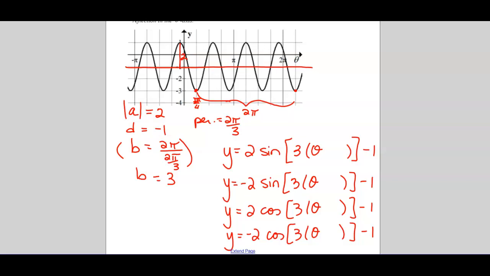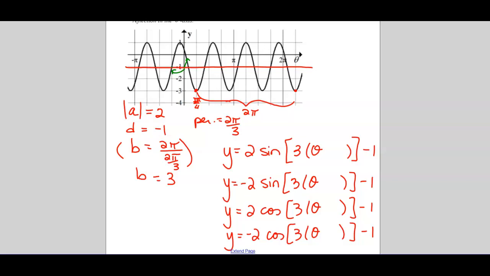Okay, so I'm just going to erase this because it kind of gets in the way a little bit. So from my midline and my y-axis, my sine graph would be going up and to the right without a translation, okay? So where is the closest that it's going up and to the right? Here. This one is too, but it's further away.